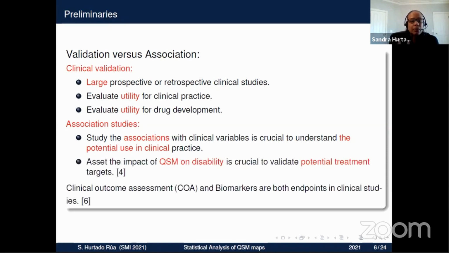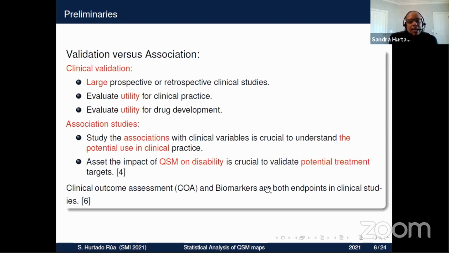One example of this is work in progress, a paper we recently submitted, on how we can evaluate the impact of QSM on the clinical variable disability, because that is crucial to validate its potential. The NIH manuals and the literature usually talk about clinical outcome assessment and biomarkers.